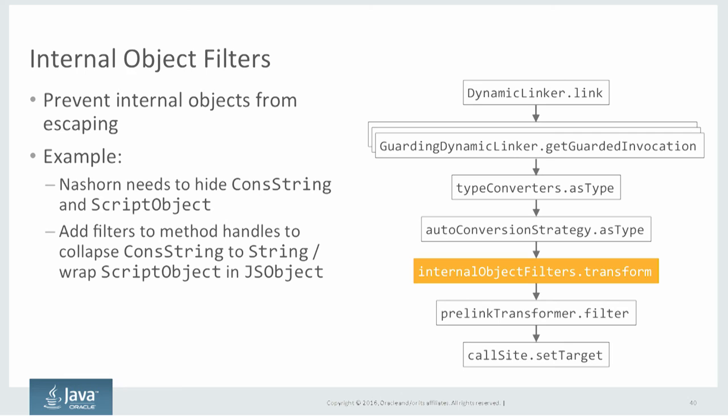So it must be made sure that these don't escape, and this phase of the linking process can be used to ensure that these objects never escape from a Dynalink call site. Nashorn uses this to collapse cons strings into strings. So it enforces the toString operation on those delayed concatenations. And also to wrap script objects into JSObject instances. And JSObject, as mentioned, is what a JavaScript object looks like to the outside.